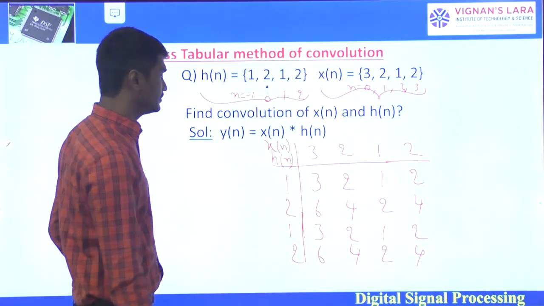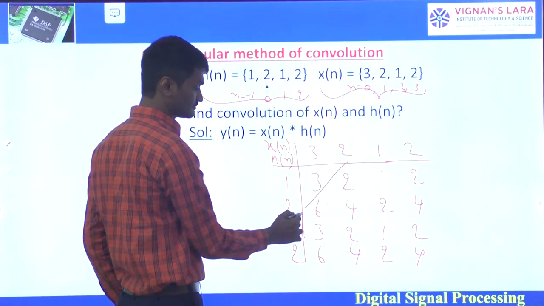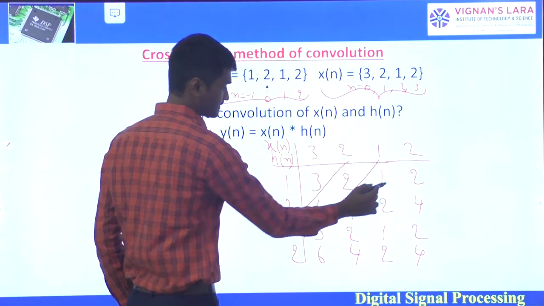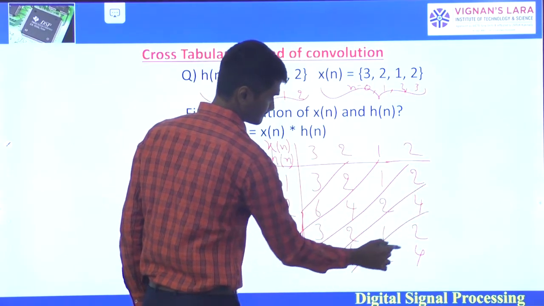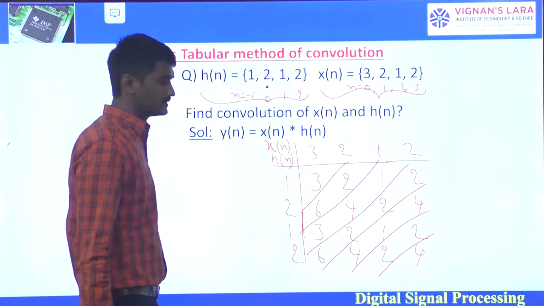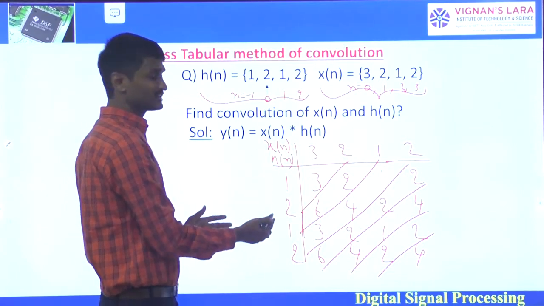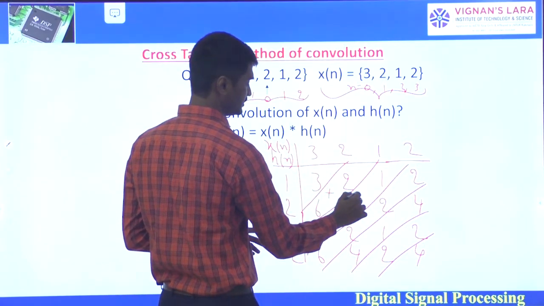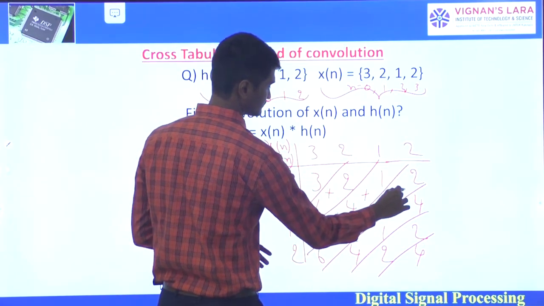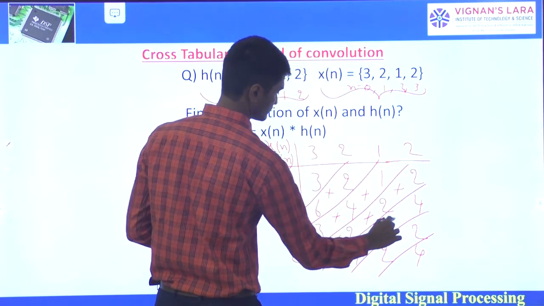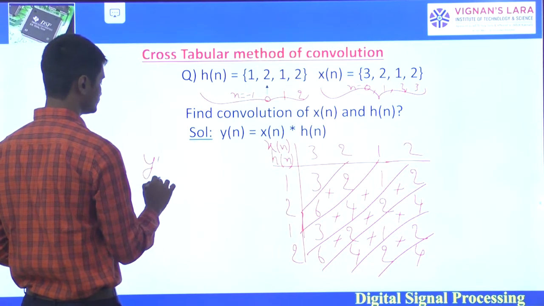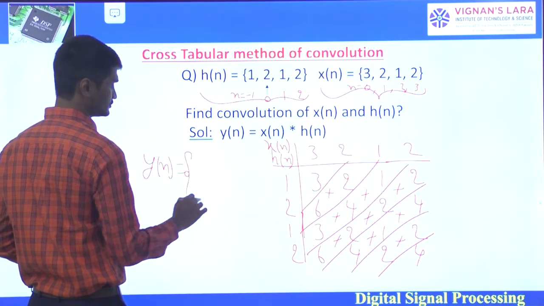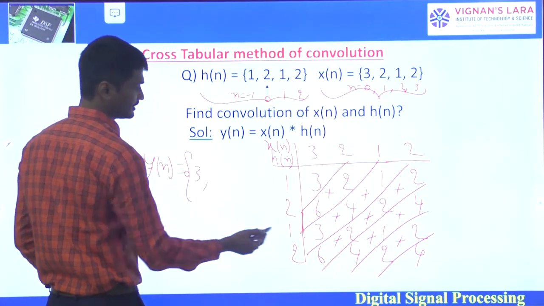Now draw the diagonals. Add the corresponding terms in each diagonal. Then y of n is equal to: here it is 3, comma.